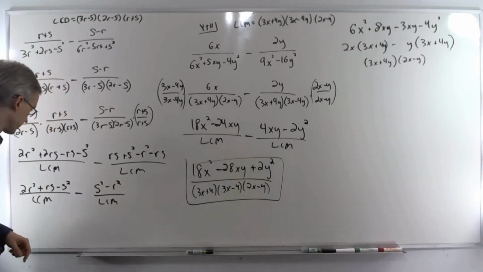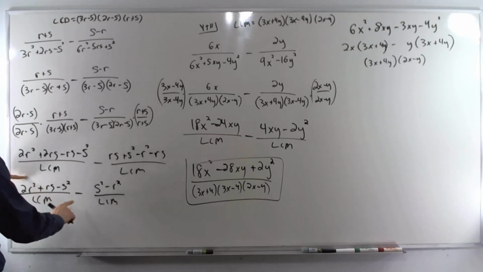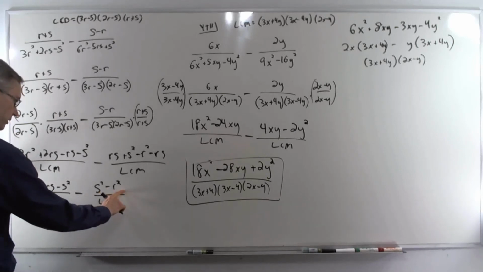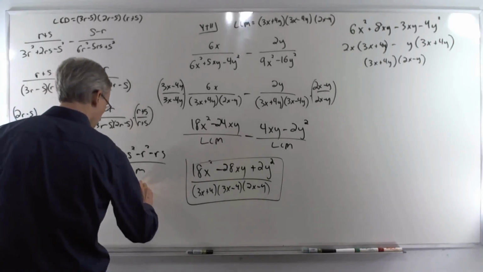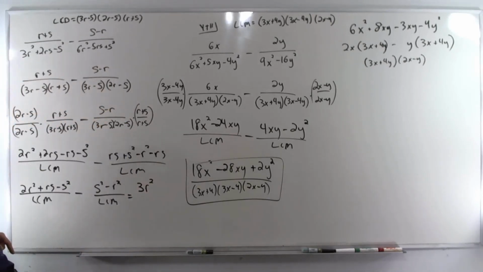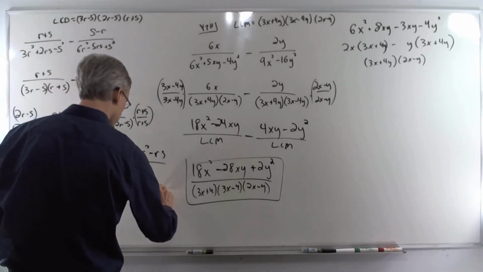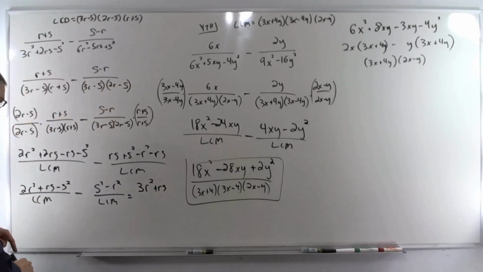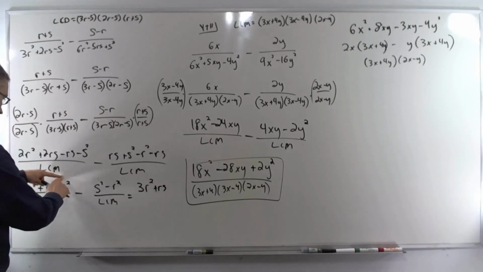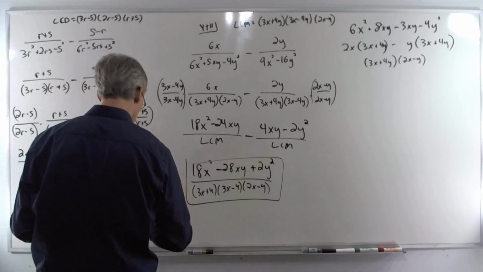All right, so that simplifies a bit. Now we can combine the two fractions together. We have 2r squared minus negative r squared, and that is 3r squared. Now I have rs, nothing to combine that with, so plus rs. And then we have negative s squared minus s squared, that's negative 2s squared.